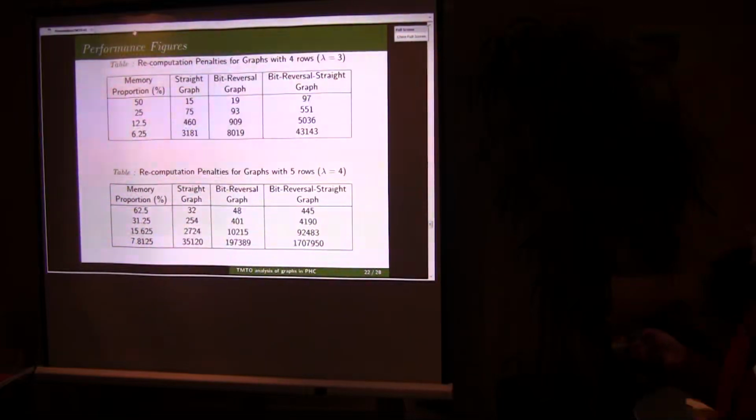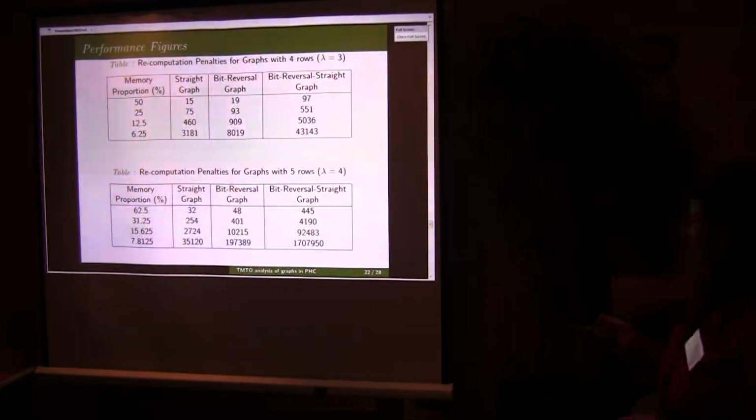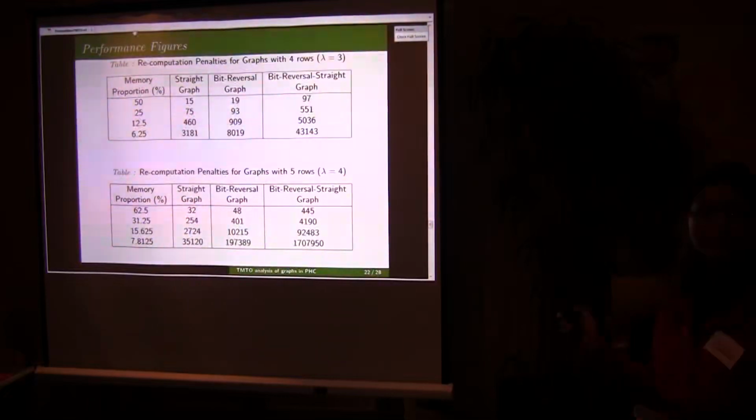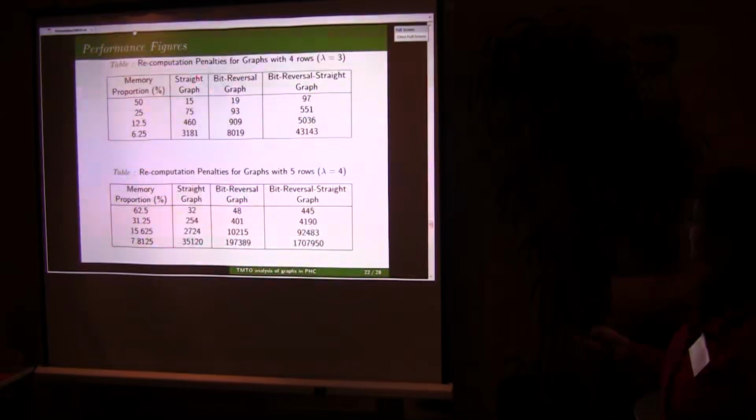We calculated the recomputation penalties, and this table is showing that suppose you need 100% memory, but you have reduced it to 50% or 25% or 12.5%. Then for each graph, how much the penalties are.